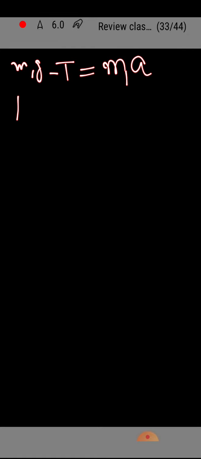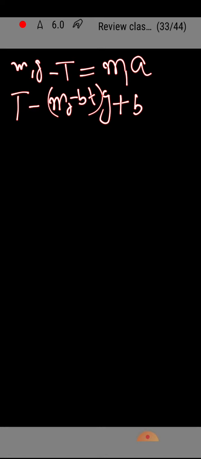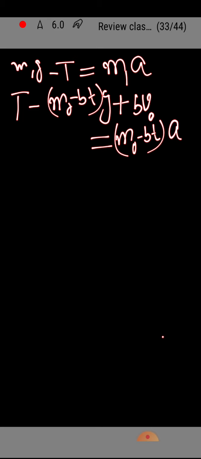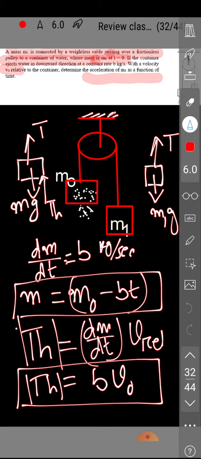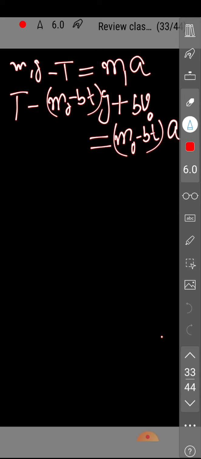For the left hand side, T minus mg, where m is m0 minus bt, so minus (m0 minus bt) g, plus the thrust upward, plus b v0, is equal to the mass of the system, m0 minus bt, into acceleration. By the constraint relation, the acceleration of both bodies has to be the same.